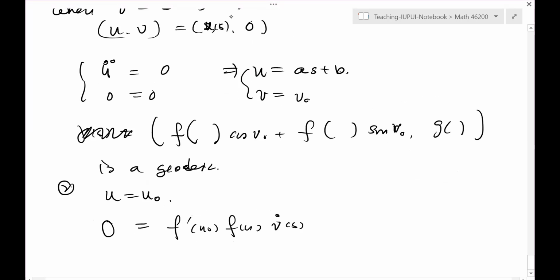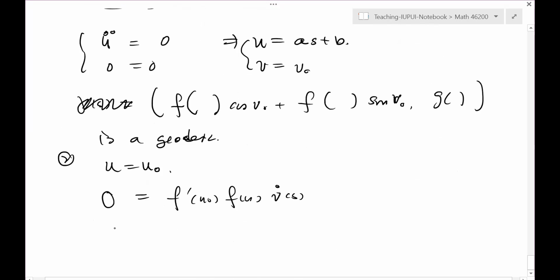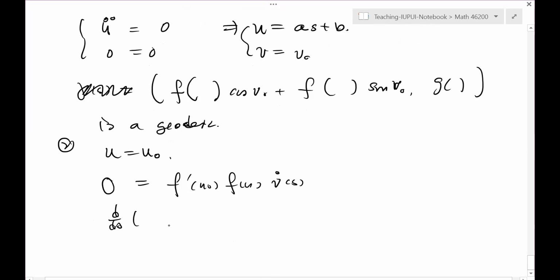The second equation is the derivative of f and v.